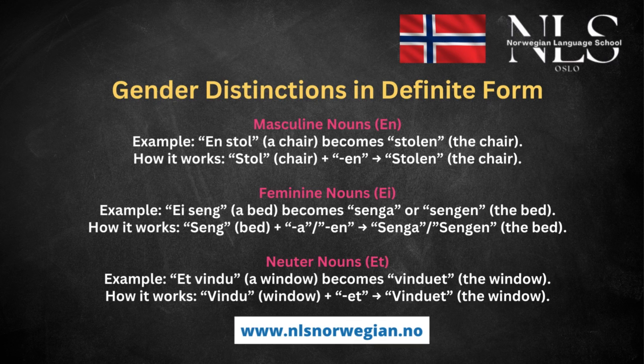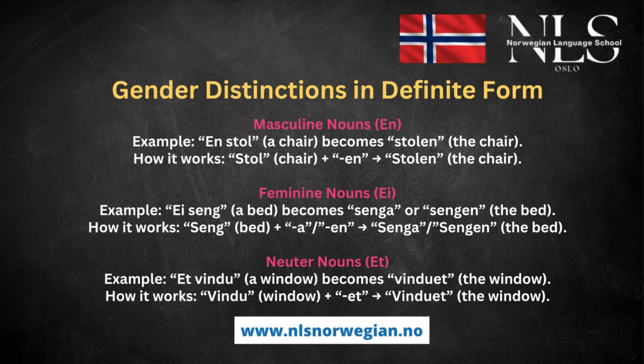So for masculine, it's en. For masculine nouns, which take the indefinite article en, the definite form is created by adding en at the end of the noun. For example, en stol, a chair, becomes stolen, the chair.